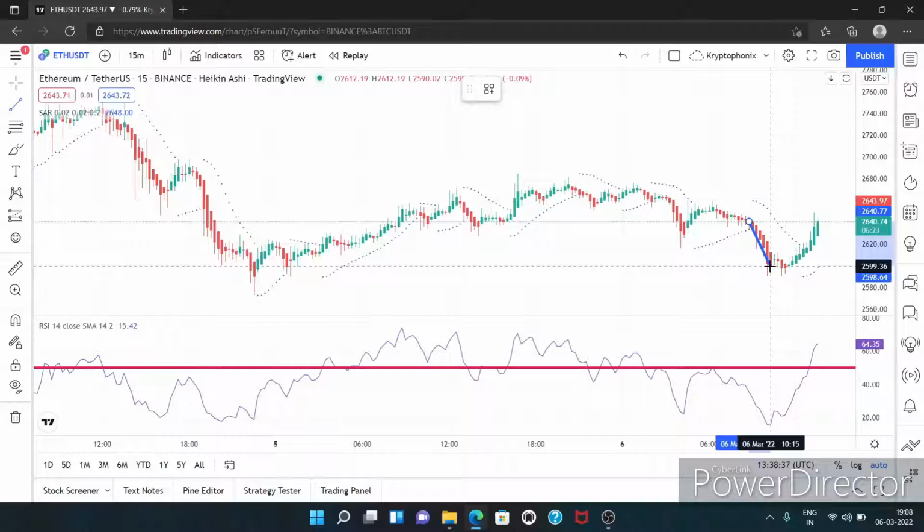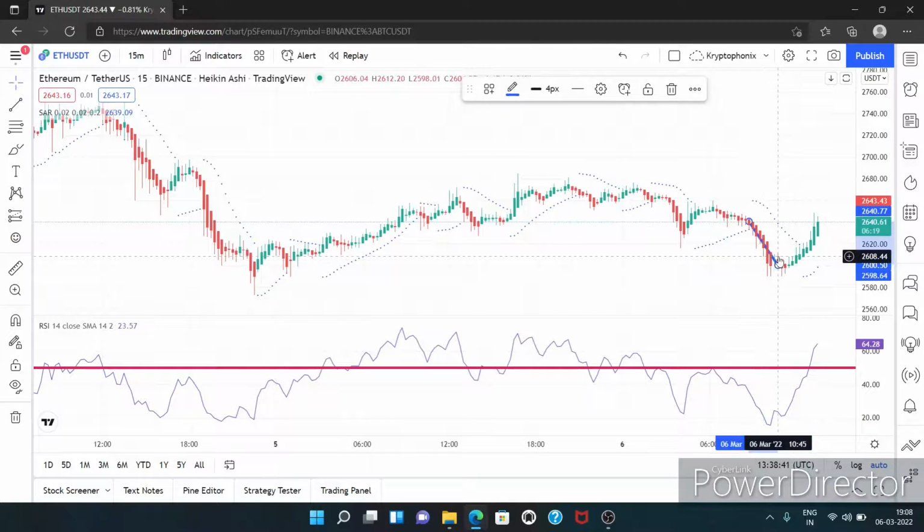Now, if you look over here, around this point, we would have exited from our trades because this candle breaches the previous day's high. So what we see is a downfall from 2642, 2640 levels till 2598.